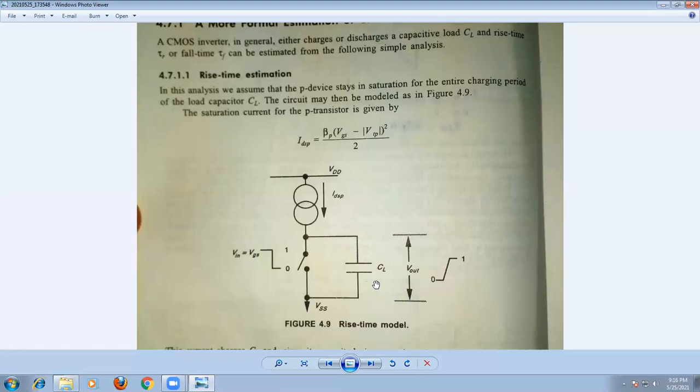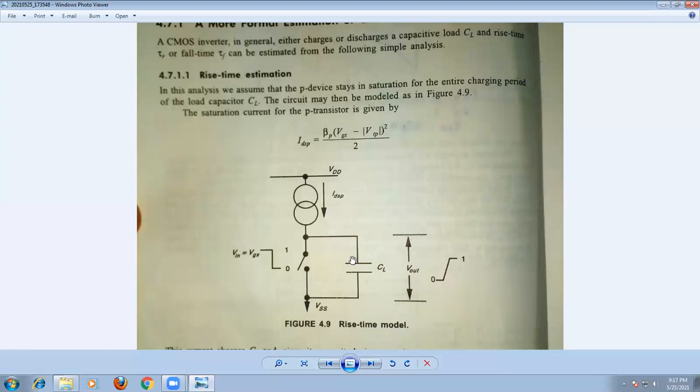So therefore, you can analyze the behavior of the delay. Because of the charging and discharging of this capacitor, there will be a rise time and a fall time. That rise time and fall time we can estimate in this analysis.